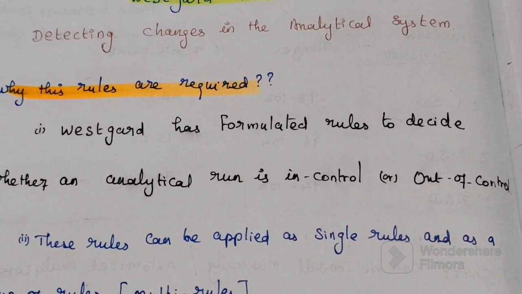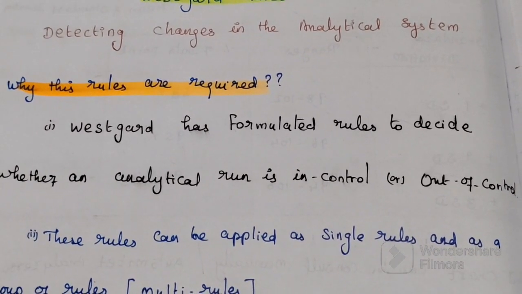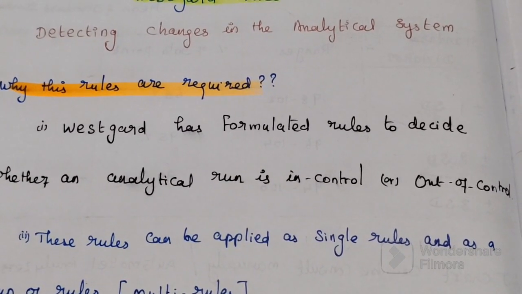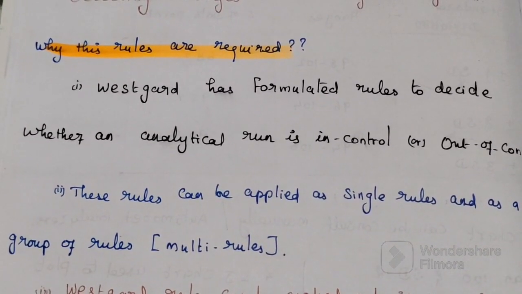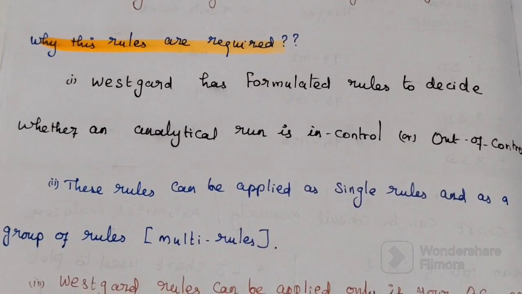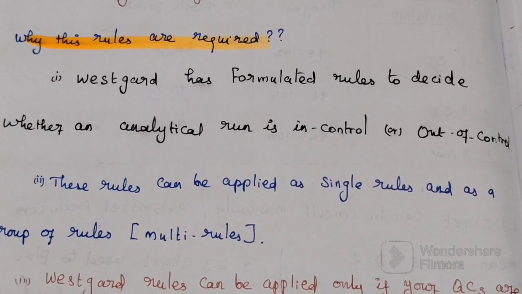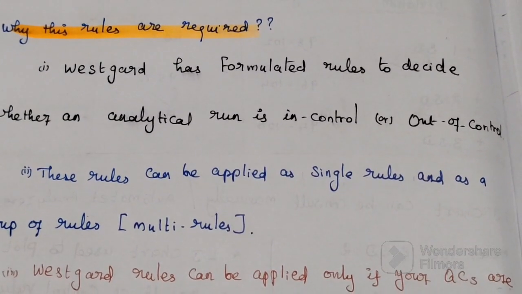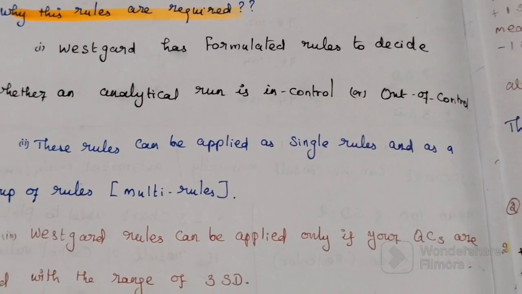The rules can be applied as single rules or as a group of multiple rules. Westgard rules can be applied only if your quality control values are plotted within the range of 3 standard deviations.